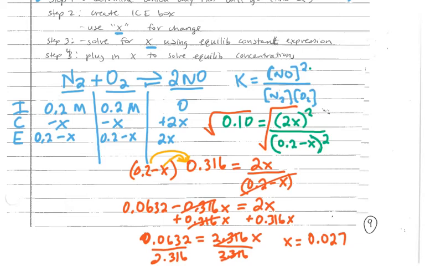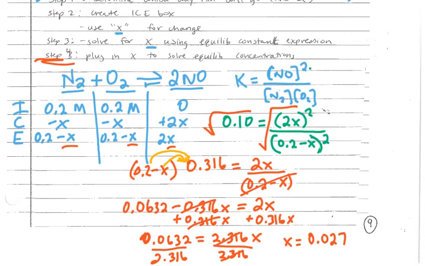The last step, step 4, is to plug in x in each of these places so I can solve for the equilibrium concentrations of each. So there's room on the next page for you to write out the final answers if you want to move on to page 10. I'm going to try to write them over here.